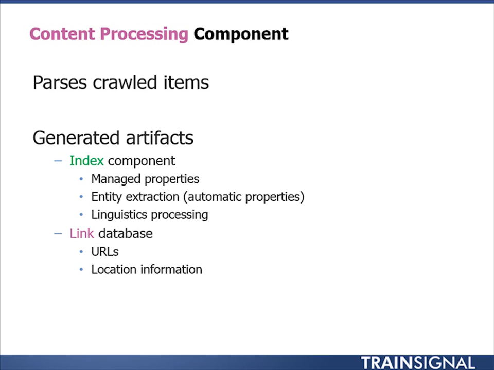For those of you familiar with 2007, you remember that we had an index server that was responsible for actually parsing all the data, and it told the crawl servers what to go get. It's a very similar concept once again here, that we've got a separate crawl component that's responsible for going off and getting our data, and then we've got our content processing component that's responsible for actually opening up that data, finding the metadata, reading the documents, and generating the artifacts that will eventually be used once we go off and do our search.